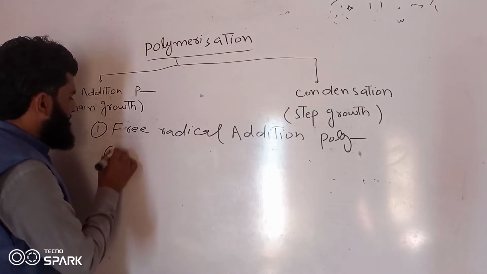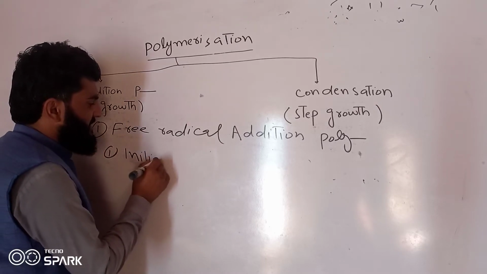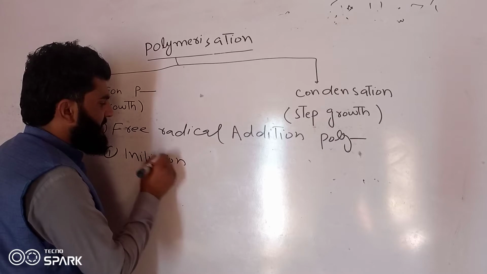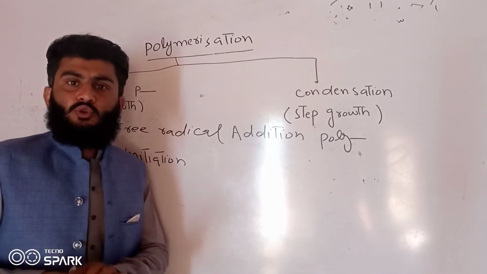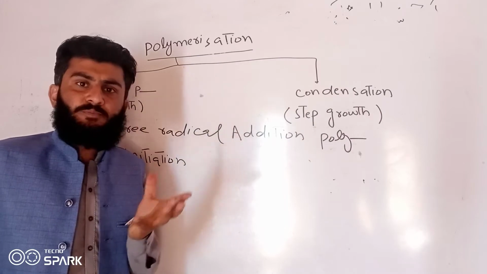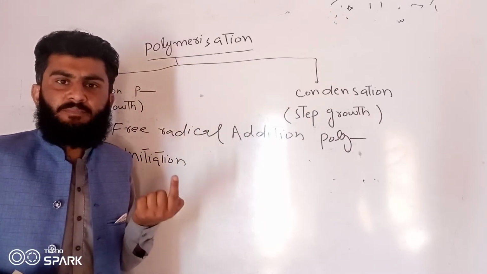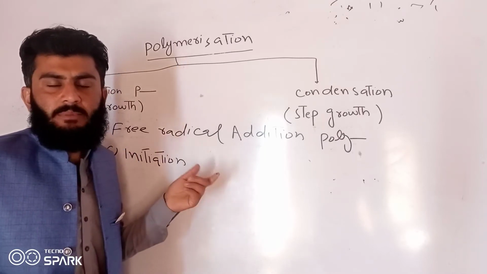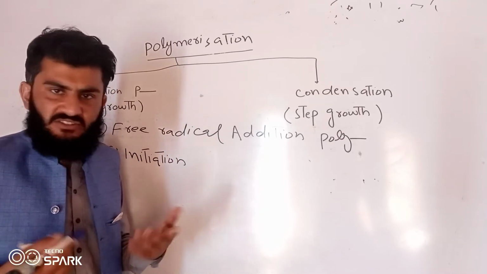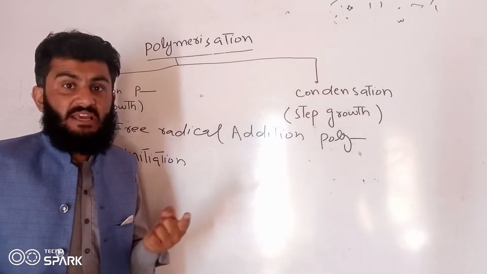So the first one is initiation. What type of initiation takes place in free radical polymerization? Those polymerization processes which are carried out by free radical reaction need an initiator.